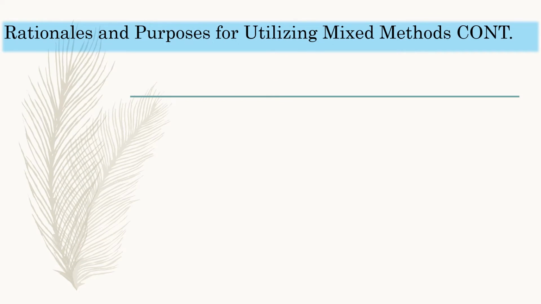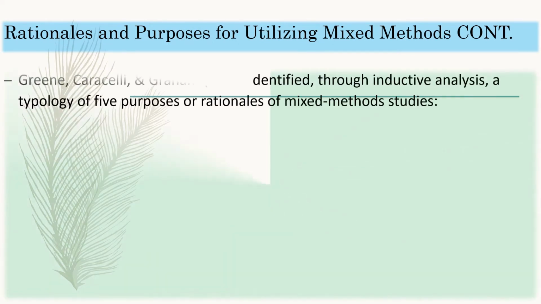Another rationale and purpose is, according to Greene, Caracelli, and Graham in 1989, they identified through inductive analysis a typology of five purposes or rationales of mixed methods. Number one is, of course, again, triangulation, seeking convergence or correlation of results from different methods studying the same phenomena.